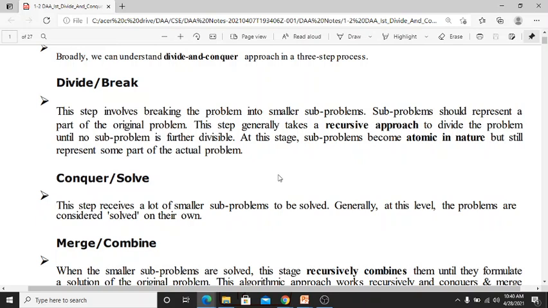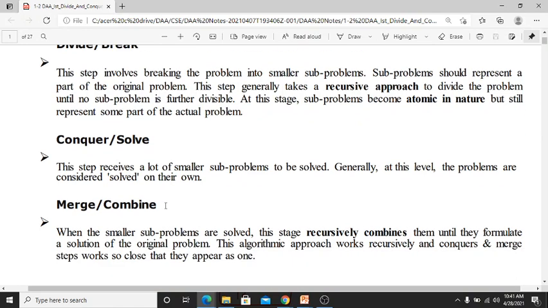So two things are finished. First, the big problem is divided into sub problems. Then the sub problems are individually solved on their own.